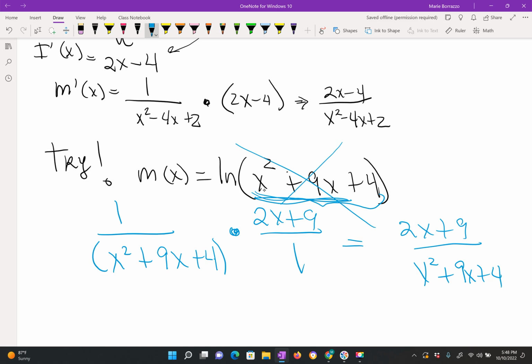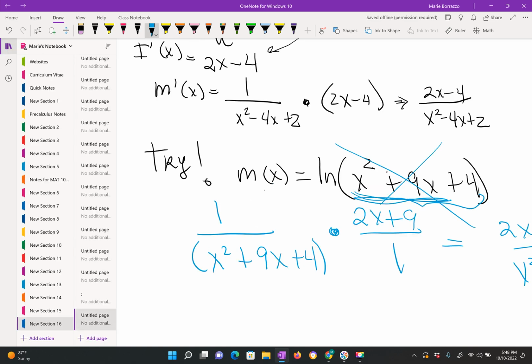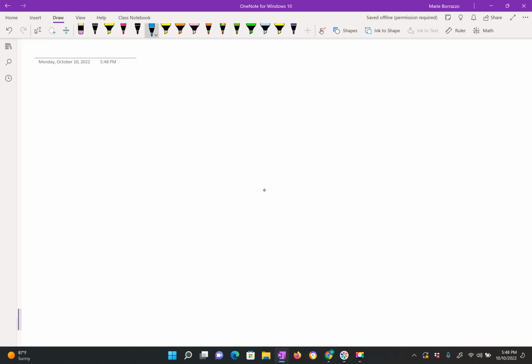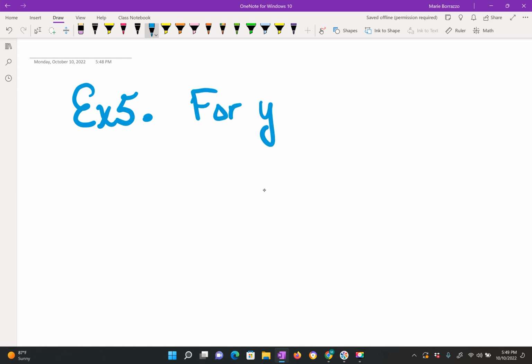Example 5. In example 5, they're giving us the following, where y is equal to h of x, and that is equal to e raised to the 1 plus natural log x, all of this part squared.